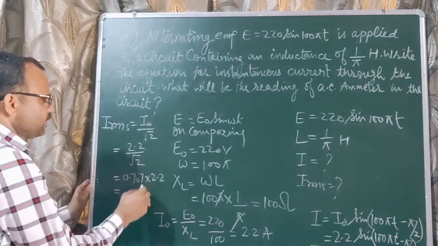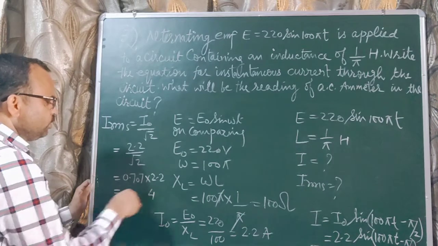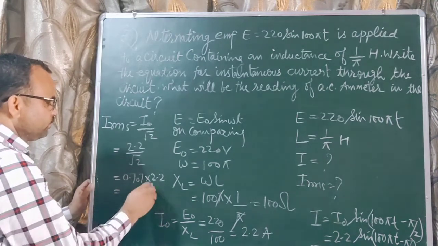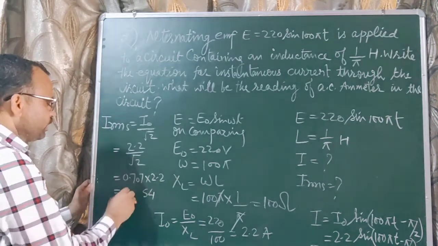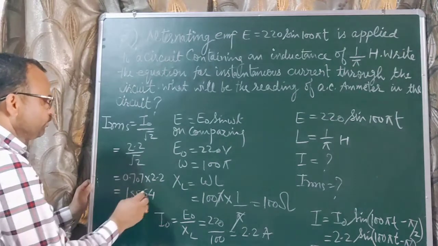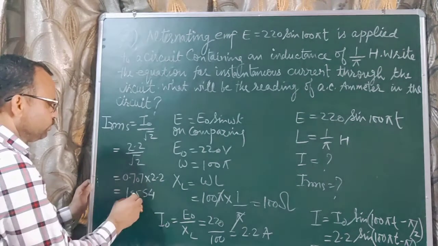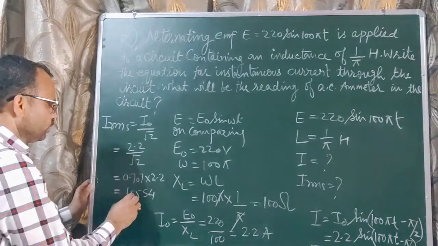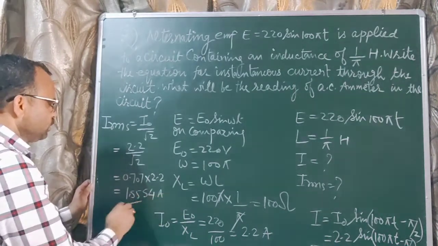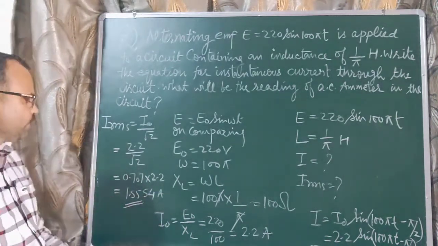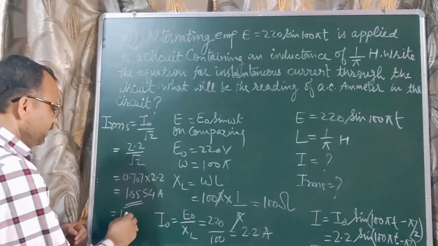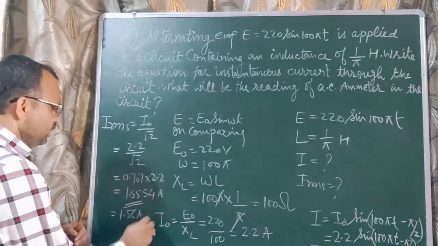Multiplying, we get 1.554. It means the RMS current will be 1.55, or we can write 1.56 ampere.